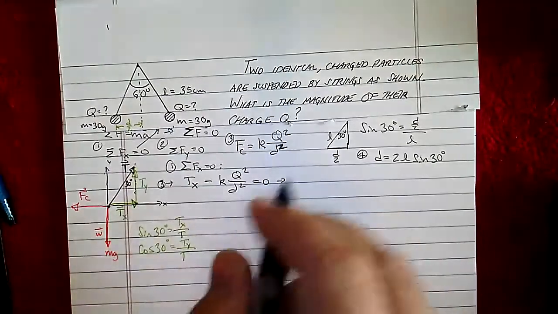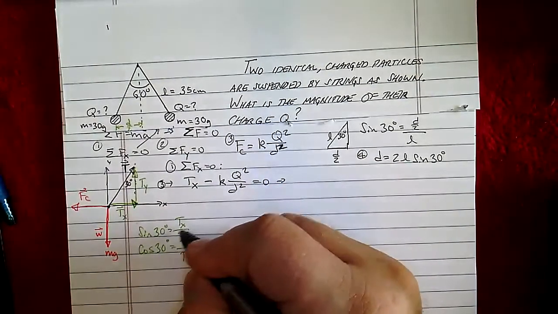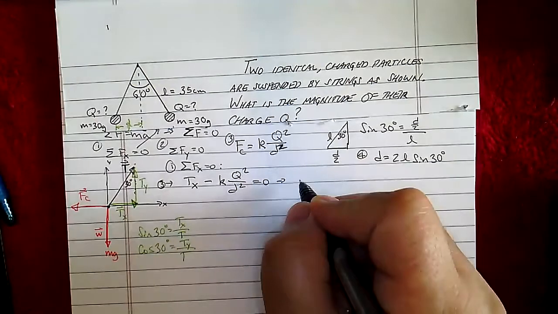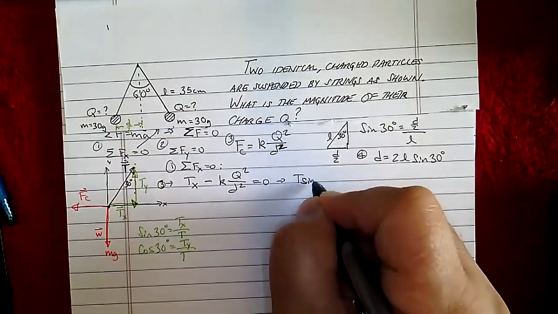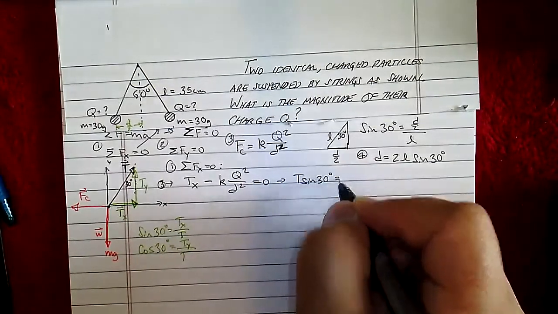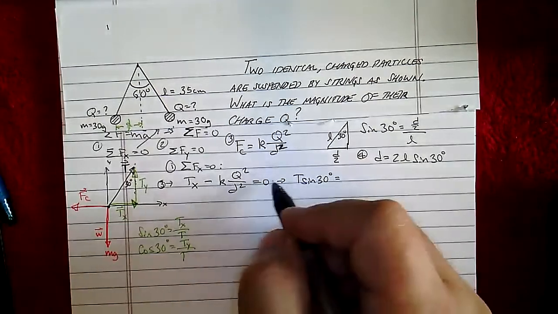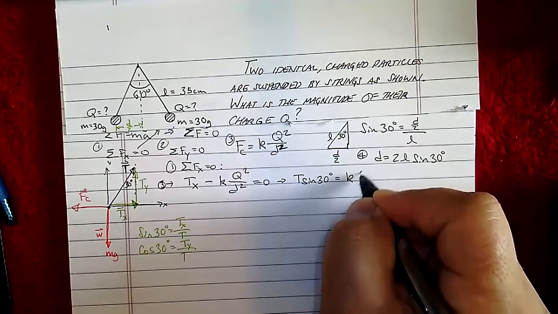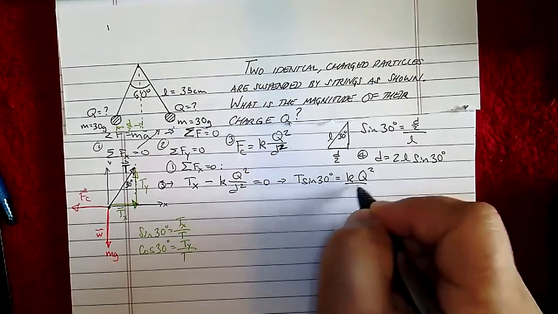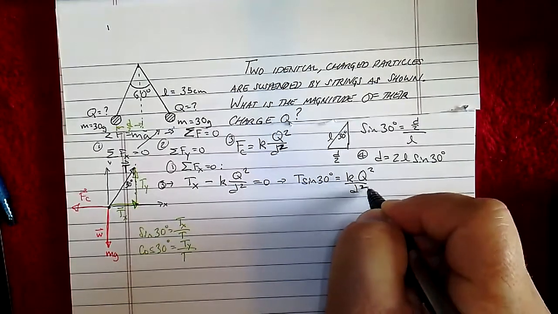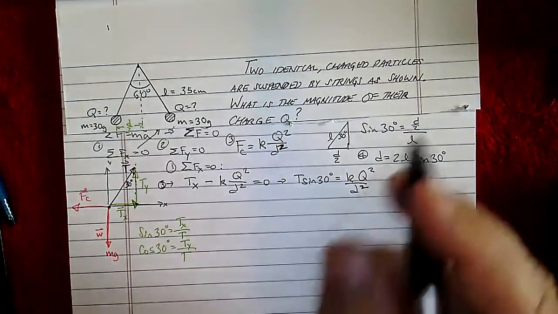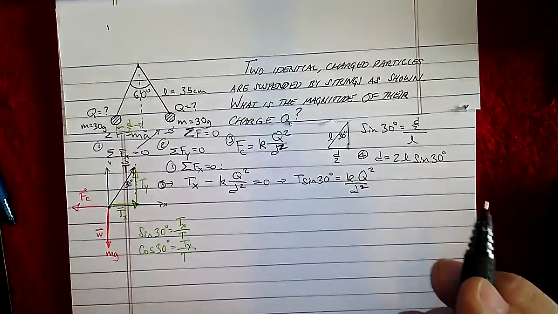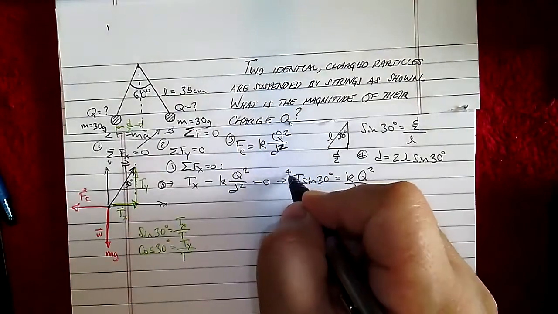And rearranging, using Tx equal to T sine 30, I'm going to say T sine 30 degrees is equal to, so I can get rid of this negative by pulling it on the opposite side of the equals, kQ squared over d squared. So we're up to equation 3 now. I'm going to call this equation 4 so I can refer to it later.